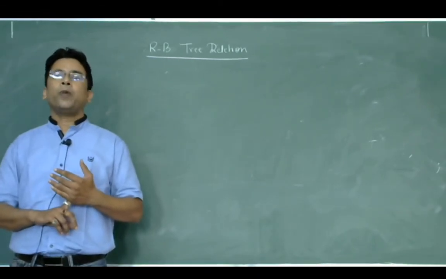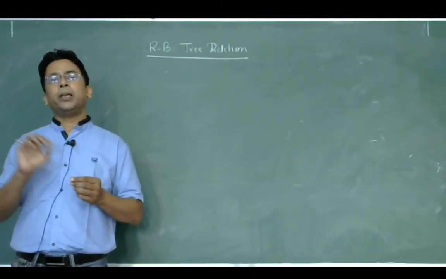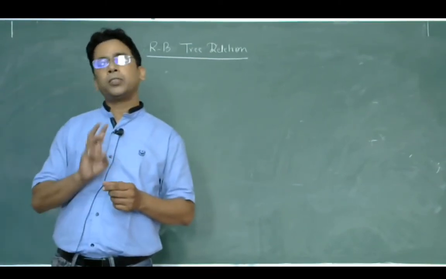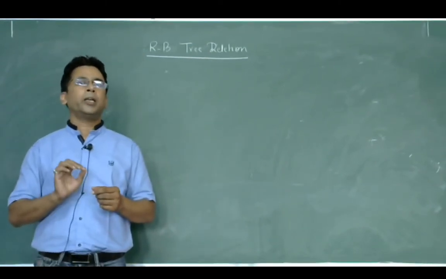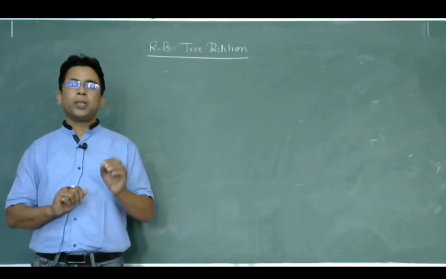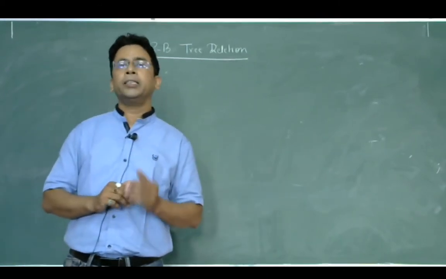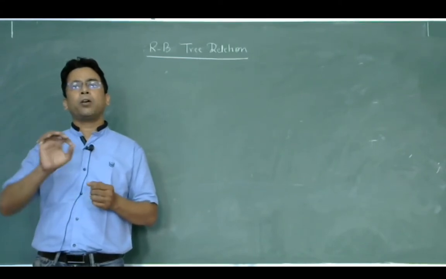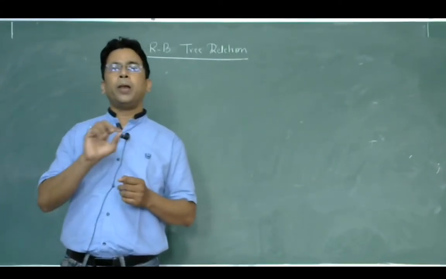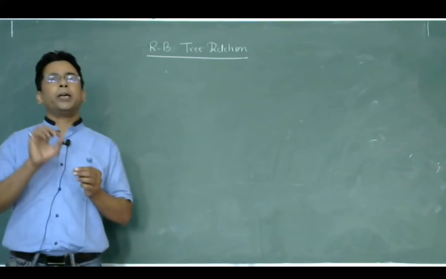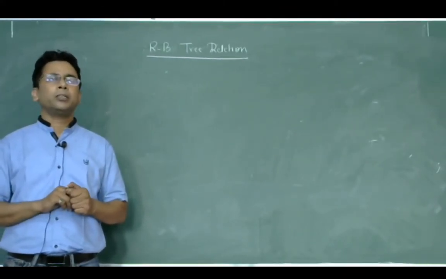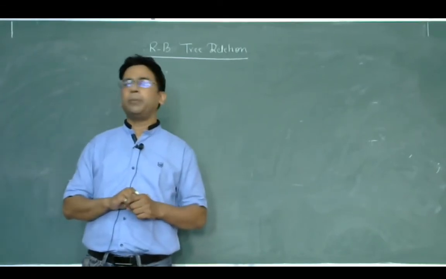Case 1: the sibling W of X is of red color, and in the rest of the cases the sibling is of black color. When the sibling is of red color, we change the color of the sibling into black and the parent color into red, and we perform the rotation between parent and sibling.